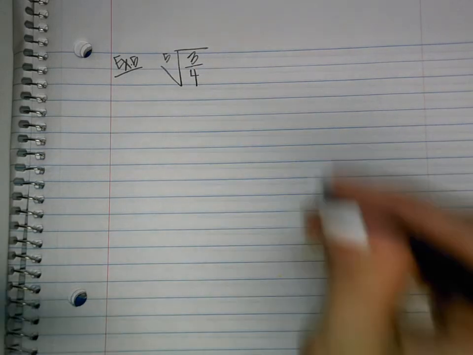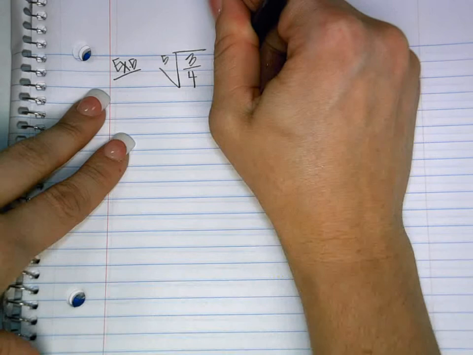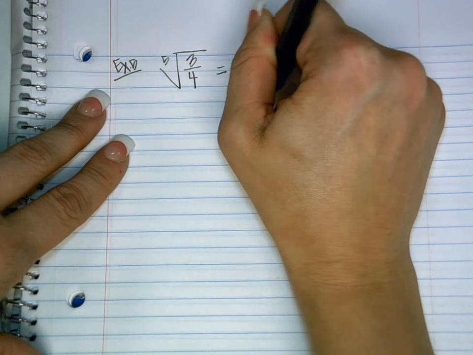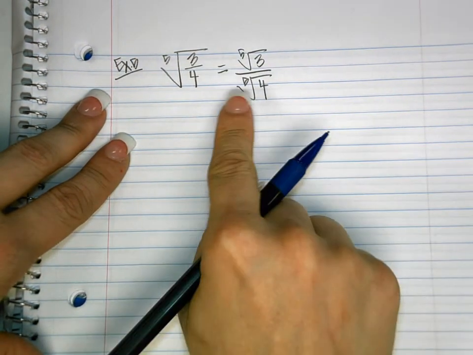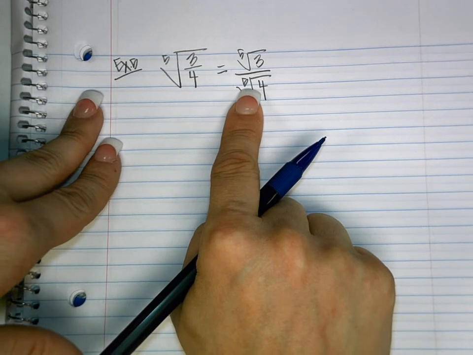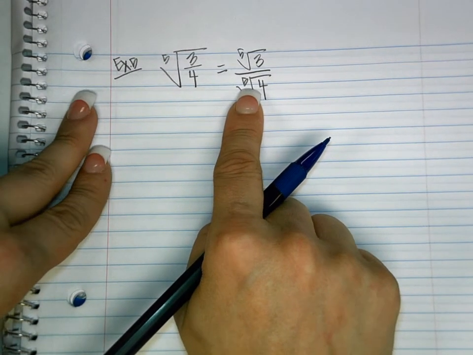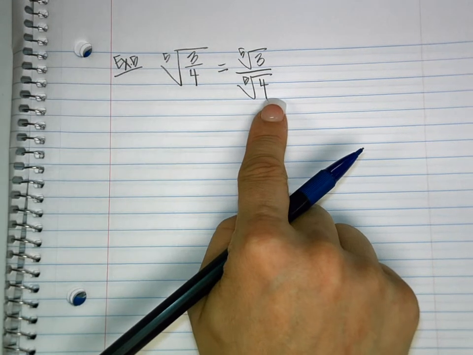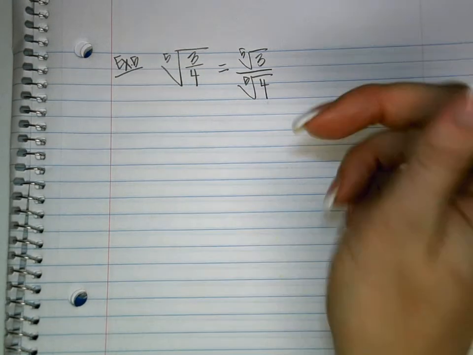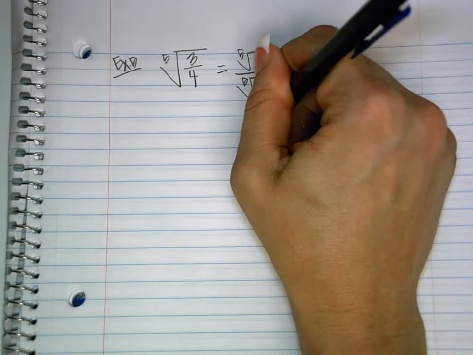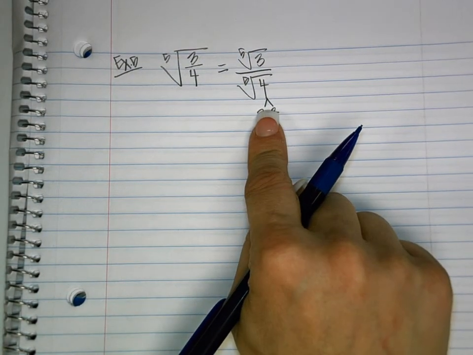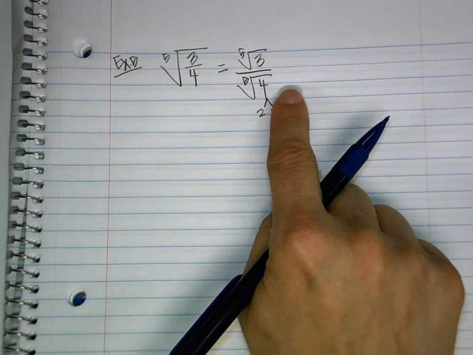No. So we're going to split this up. 5th root of 3 over 5th root of 4. What does this 5 tell you? That I have to have what? 5 identical things to make a group, right? Can I break down 4? What does it break down to be? 2 and 2. So I have 2 identical things, but I need to get to 5. So what do you think I'm going to multiply by here?